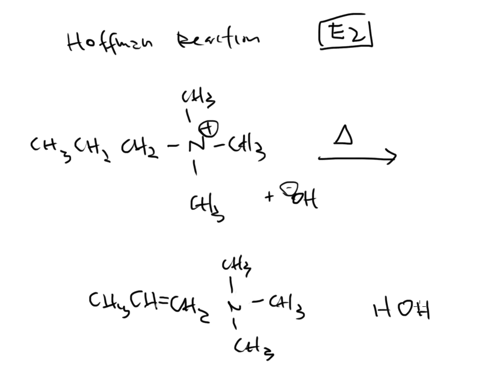So this makes HOH, which is really water. So the Hofmann reaction takes quaternary ammoniums like this and hydroxide with a little bit of heat. You just heat them up, allow these 2 things to react together. That nitrogen-carbon bond breaks. That frees up the nitrogen so it can go do what it wants to do, and it's no longer charged. That carbon was shortchanged a bond because of that. And an extra bond forms between the 2 carbons.